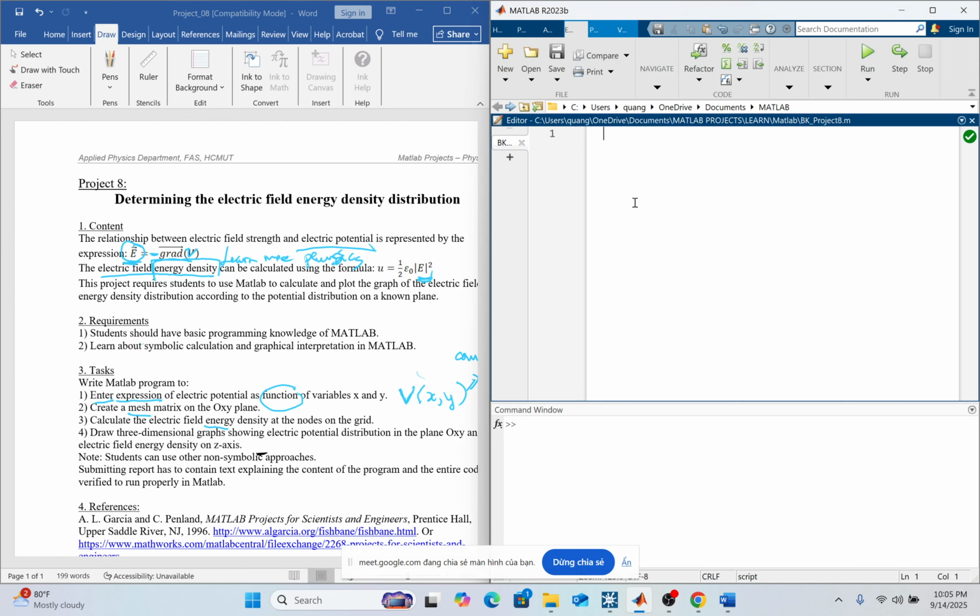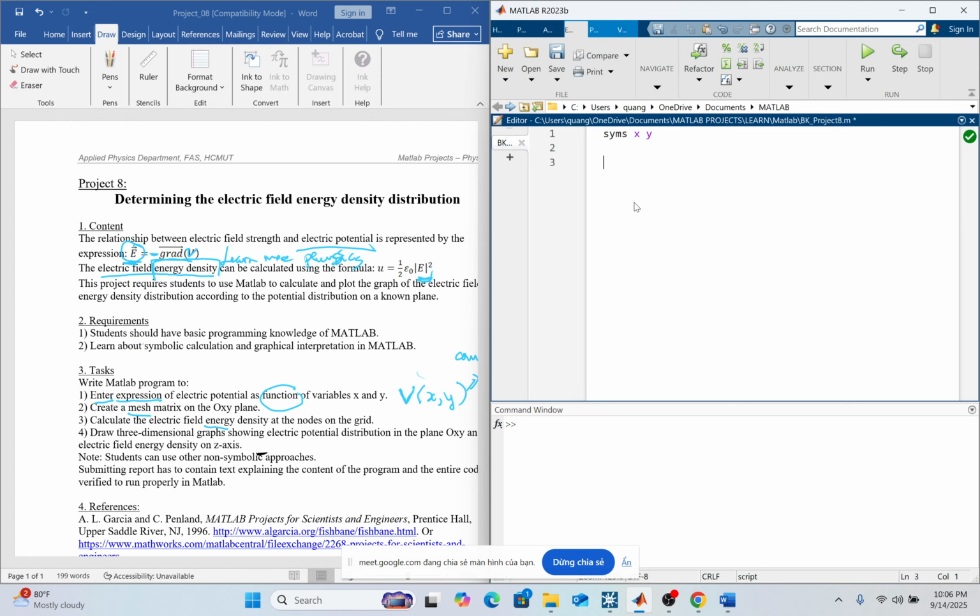So I'll say that my x and y will be the variables. And in order to declare a variable in MATLAB, you will say syms x y. And MATLAB will understand that from now on, whenever you use x and y in your code, they are variables that you can substitute a number into and get a value.